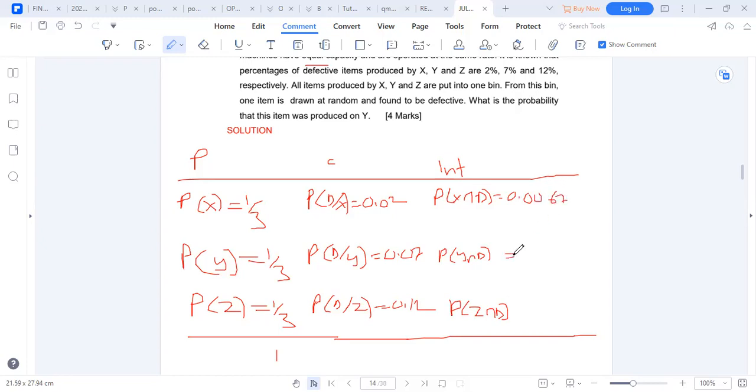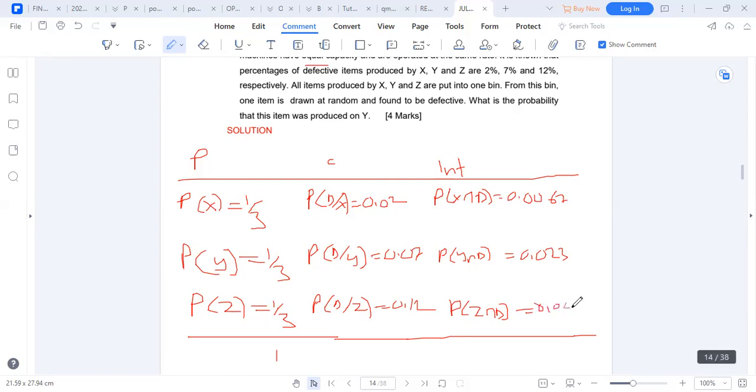And here again, 0.07 divided by 3. We get 0.0233. And this one, 0.12 divided by 3, we get 0.04.